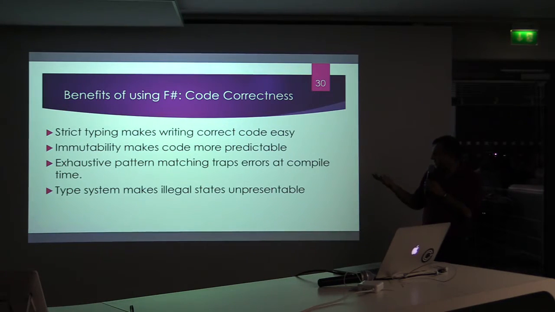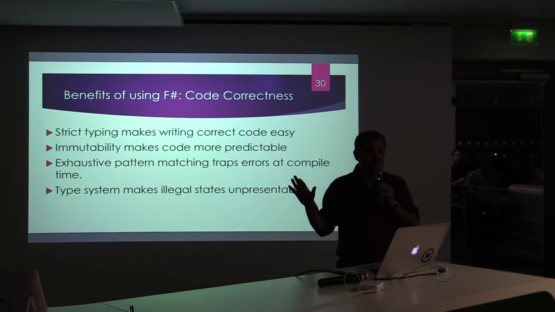The type system makes illegal states unrepresentable. So you reduce the problem of state. I would be careful in saying you eliminate the problem of state space explosion, right? It's not like you don't have it at all. And the possibility of the system going to a state it cannot recover from is going to be a lot less.